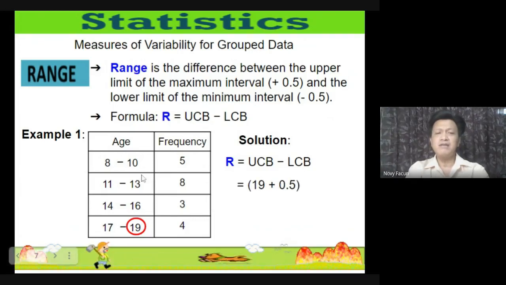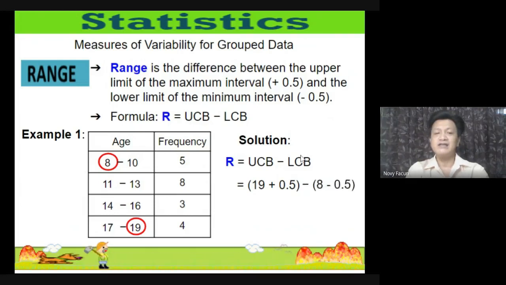And yung lower limit naman natin dyan is 8. Magsusubtract naman tayo doon sa 8 ng 0.5. Kaya 19 plus 0.5 minus 8 minus 0.5, and then that will become 19.5 minus 7.5. Kapag sinubtract natin yan, ang range natin ngayon ay 12. Yun po yung kung paano mag-compute ng range for the group data.